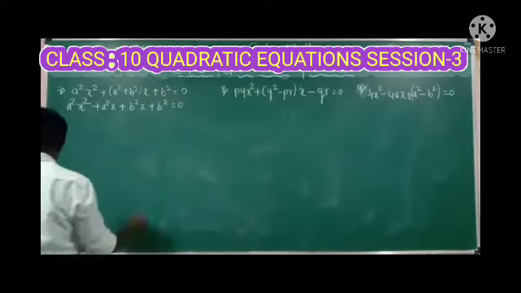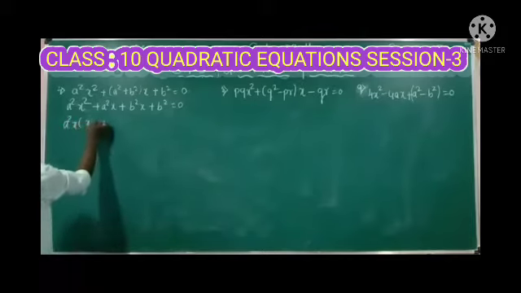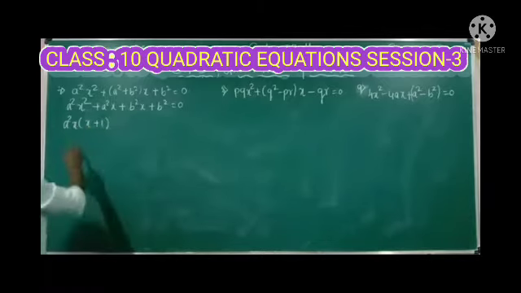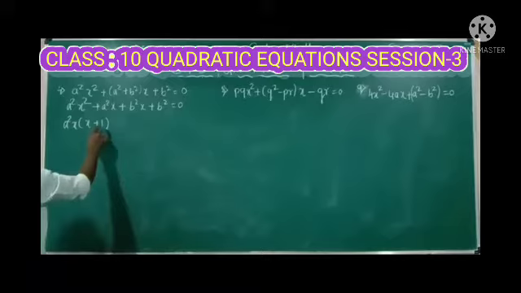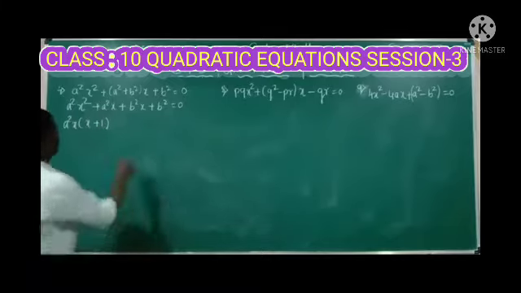Okay, next one, what we are getting common here, a square x as a common term, remaining x plus 1. Once we take a square x as a common term, in first term we are getting x as the remaining term, and in second term the coefficient of these two terms is 1, right?